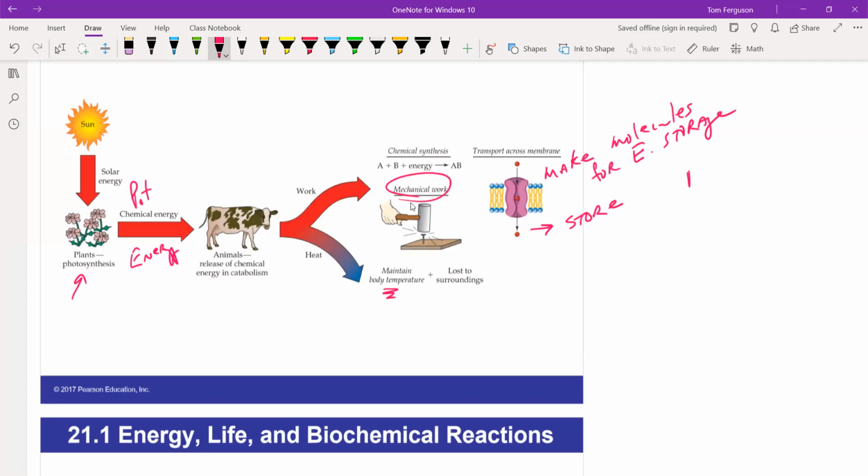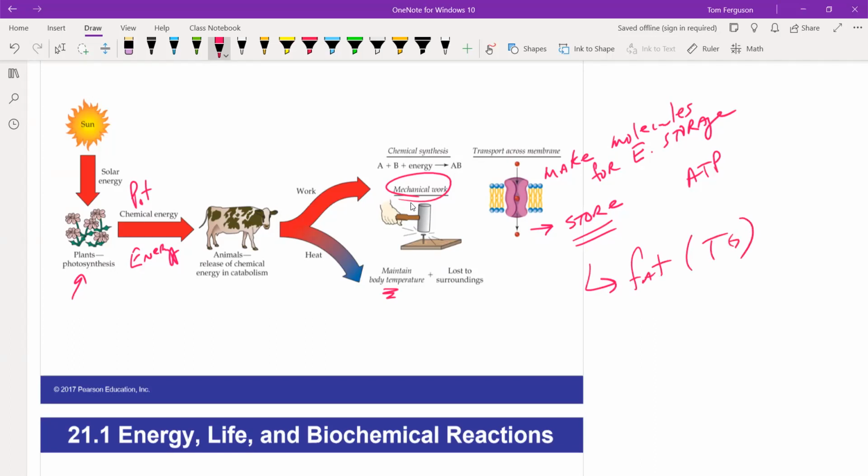And all of you know the main one is ATP, which then can be stored via numerous things. Okay, it's stored via fat in the form of triglycerides.